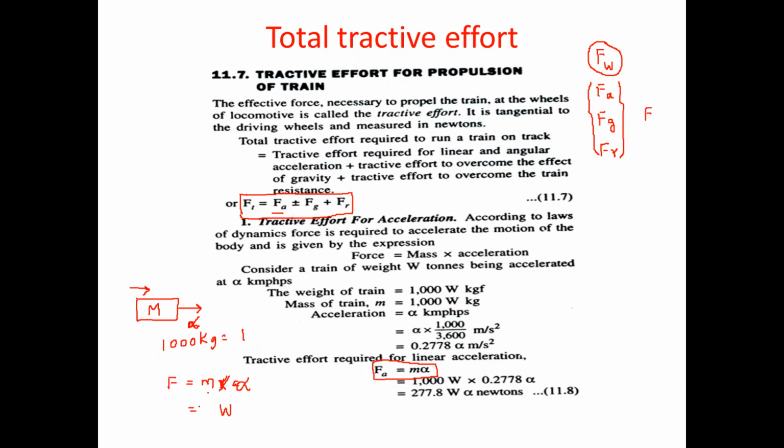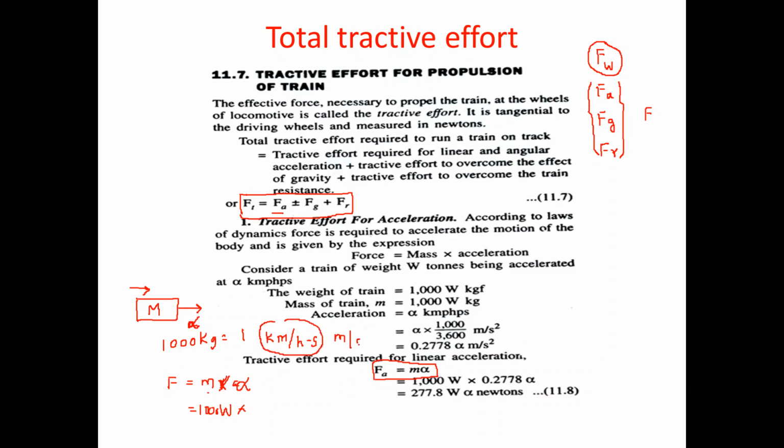So we multiply by 1000 here, so that W, which is given in tons, gets converted into kg. And the unit of acceleration is kilometer per hour per second.